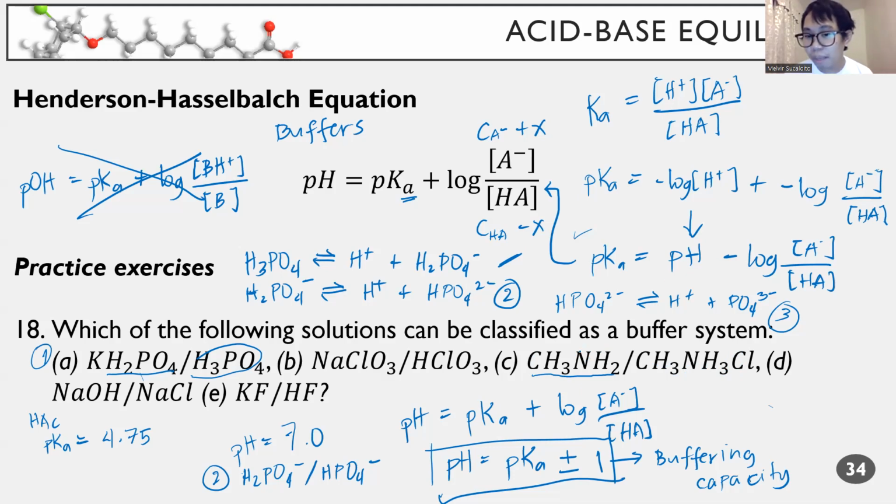So pag kumuha siya ng proton, malalagyan ng extra H and it will become positively charged. So this CH3NH3 plus is the conjugate acid, so it is a conjugate acid-base pair. So answer for C is yes. This can be a buffered system.